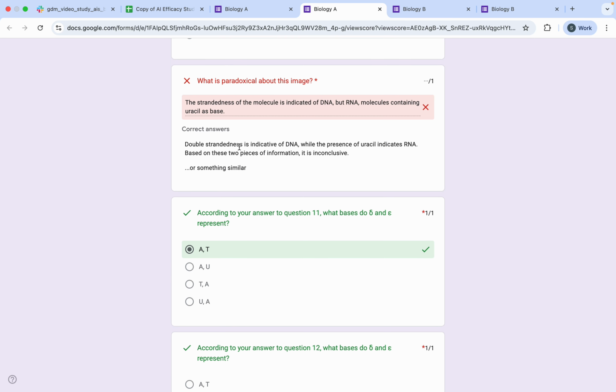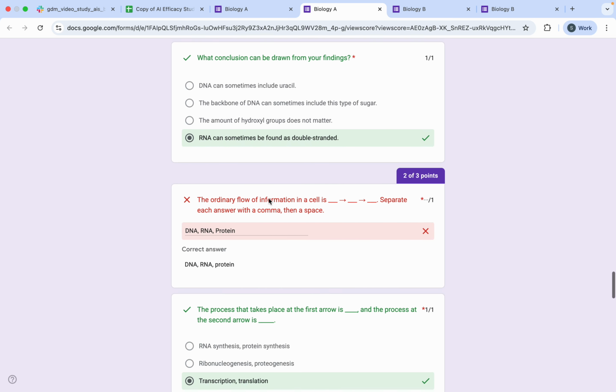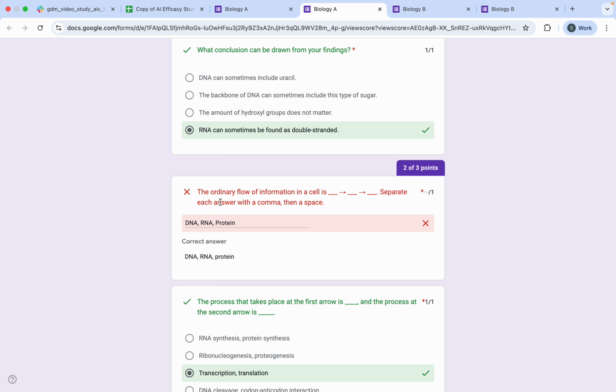So here also, double-stranded is indicative of DNA, while the presence of uracil indicates RNA. Based on these two pieces of information, it is inconclusive. Okay, so that is where we were wrong. The ordinary flow of information in the cell is DNA, RNA, protein.